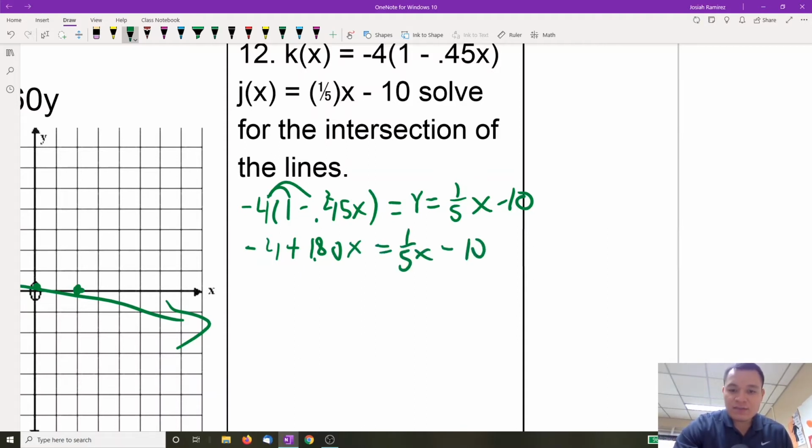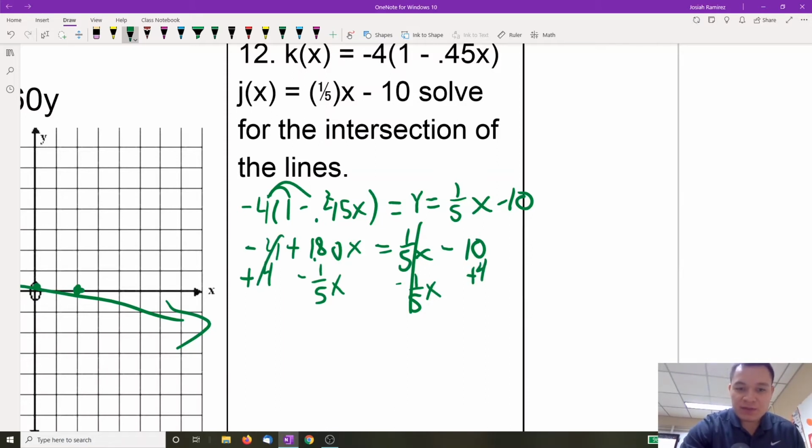x minus 10. Both sides have positive x's, but since the one on the right is smaller, that's the one I'm going to be subtracting. So I'm going to subtract 1/5 x from both sides. But before I do that, I'm going to also add the 4 to the right side, so that way I can just get rid of 2 steps at once.